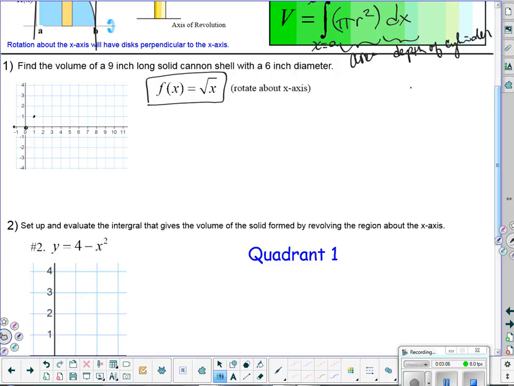Throw in 1, you get out 1. 2, square root of 2. It's kind of poopy. Square root of 3, kind of poopy. Square root of 4, I like. That's a 2. And they said we have a 9-inch long shell, so we're gonna have our x values ranging between 0 and 9. 9 would be a nice value, so let's throw in 9 and we get out 3.